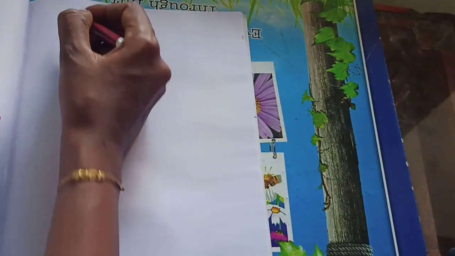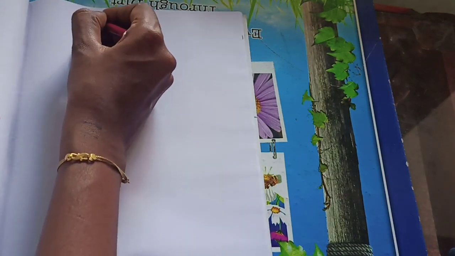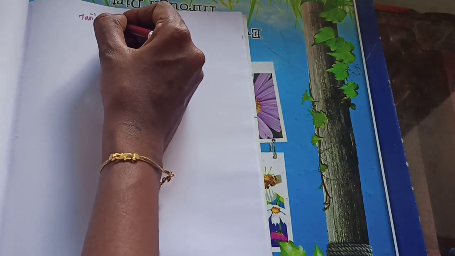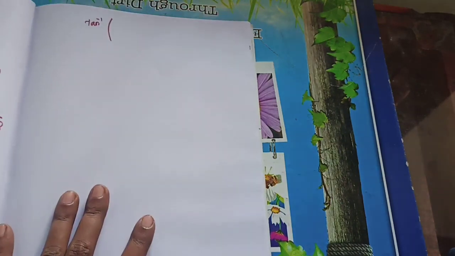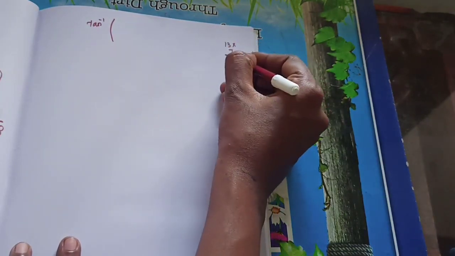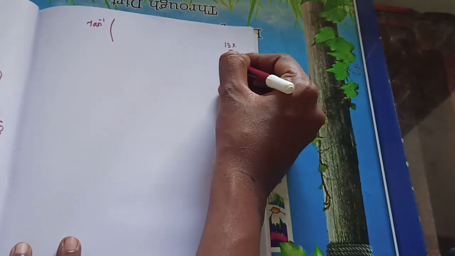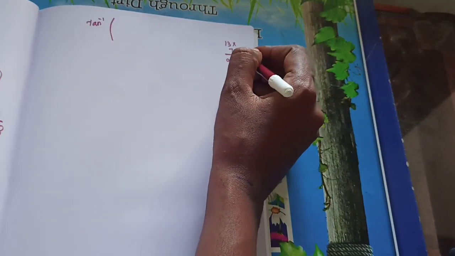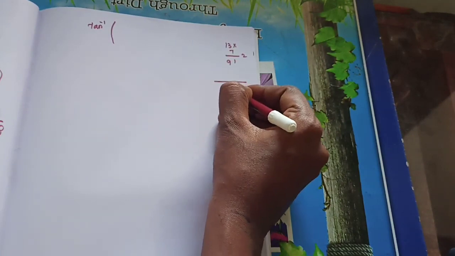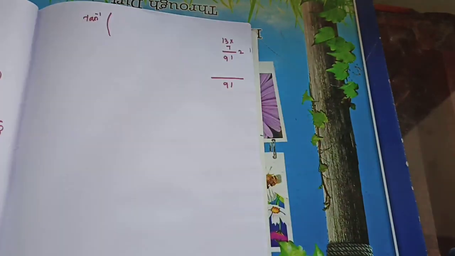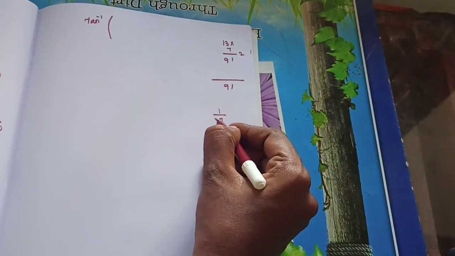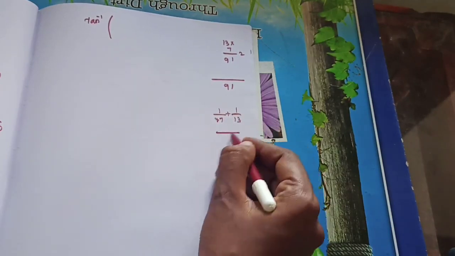I am writing the numerator again. For the denominator, it is 7 into 13. 13 into 7 is 91, so the LCM is 91. We are going to simplify the numerator first. 1 by 7 plus 1 by 13, the LCM is 91.